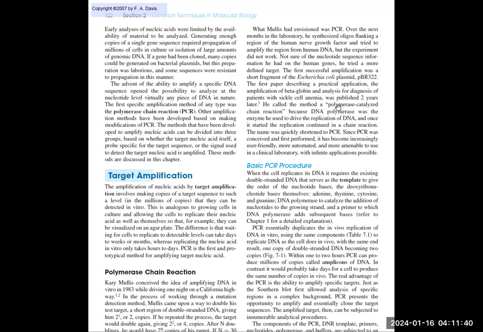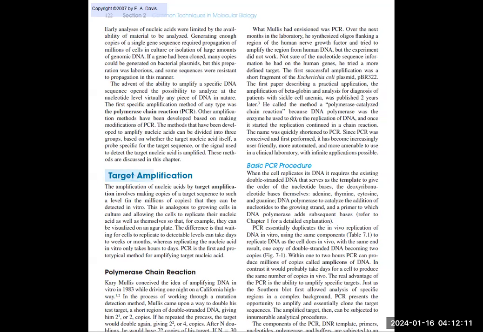Two years later, PCR's practical application for diagnosing sickle cell anemia was published. Originally called polymerase catalyzed chain reaction, it quickly became known as PCR, guys. Since then, it has evolved to be user-friendly, automated, and widely applicable in clinical labs.